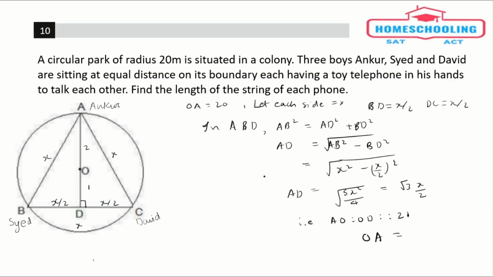So from this we can write that OA is 2/3 of AD, because the whole length is 3 and this part is 2, so it will be 2/3 of the whole length. So now OA would be 2/3, and AD is root 3x by 2.